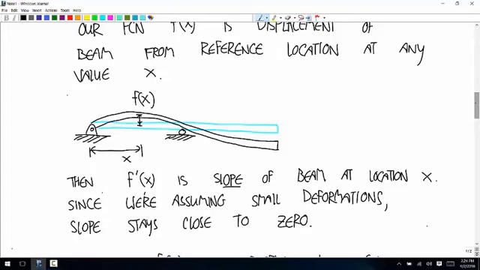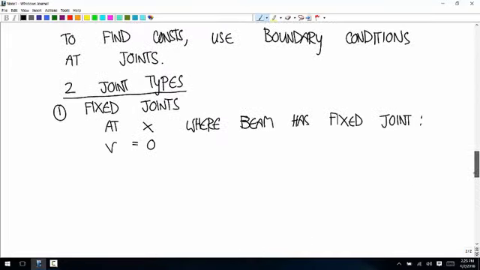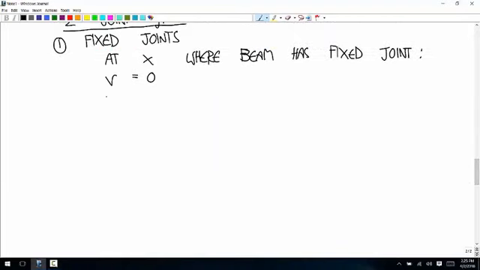But at a fixed joint, we know something else too. At this pin and this roller, we don't know anything about the slope. You can see that pretty clearly the way that I have it drawn here. Here the slope is positive at this pin joint. Here the slope is negative. But if you have a fixed joint, not only is the deflection set to 0, but the slope is also set to 0 at that location. So V prime also has to be equal to 0.